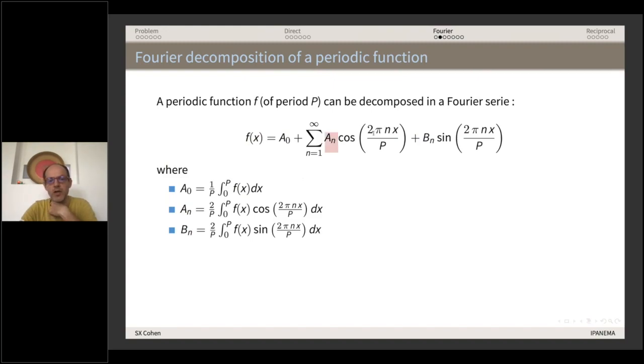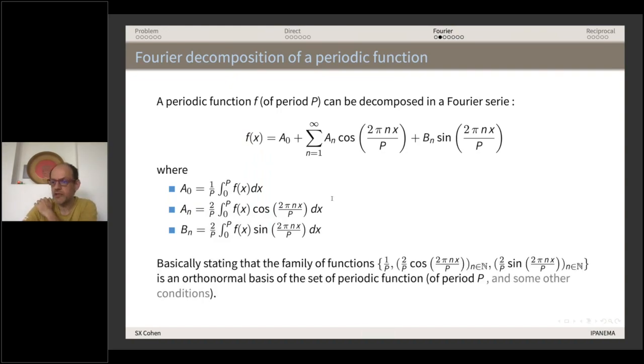So when we say that this periodic signal f can be decomposed, we know that we can compute A0 as basically the mean of the signal over a period, and An as this summation.